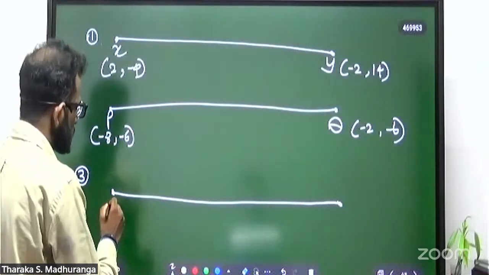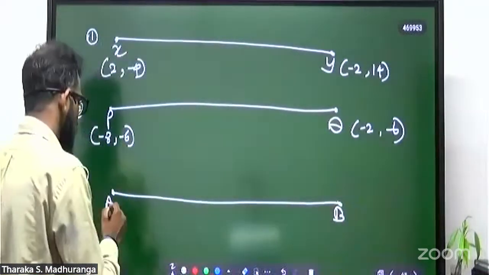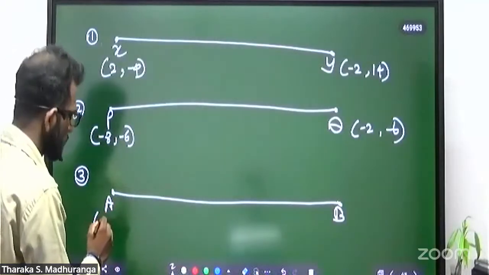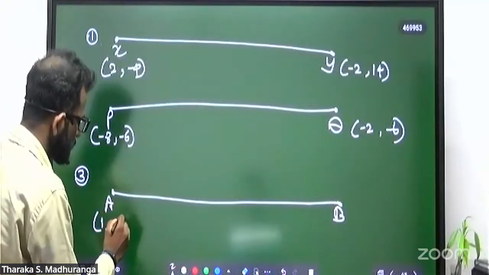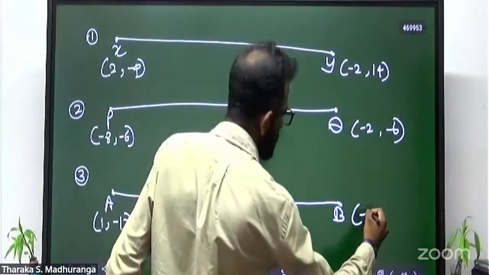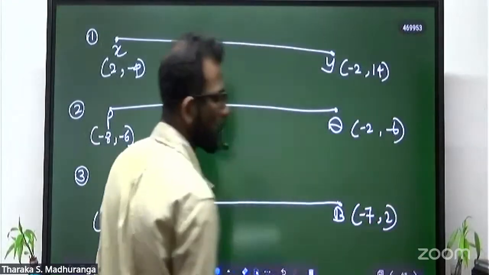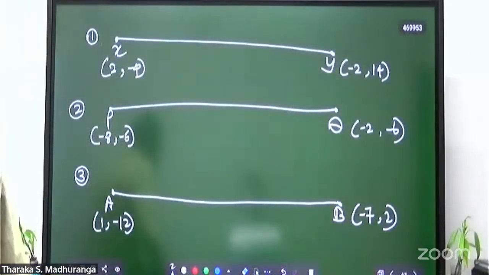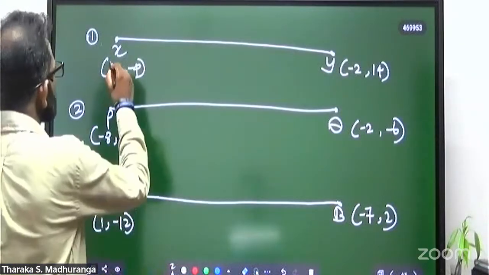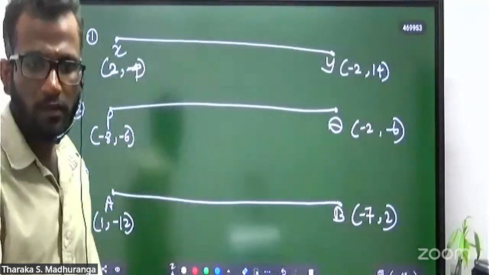That is A and B. What is the coordinate of x? 2, minus 4, sorry, 2 minus 4.